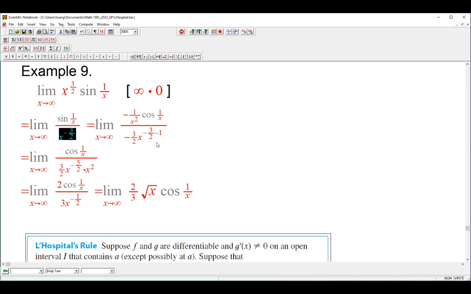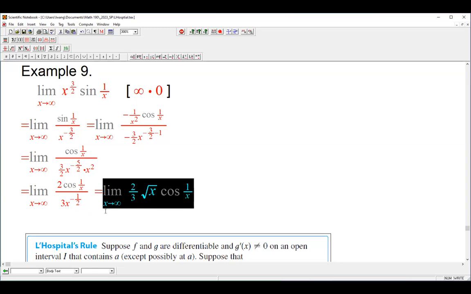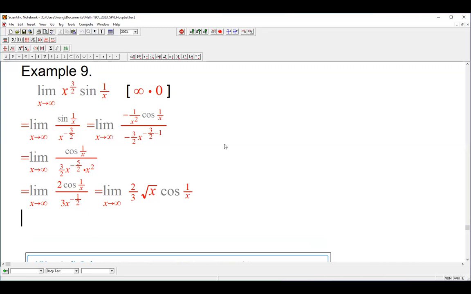I bring the x squared under, so I get x to the power negative half. I don't think I made any mistake at this point. But what is the limit as x approaches infinity? We have a square root of x, and this one we cannot make into a form that gives us a clear indicator of what the limit will be.